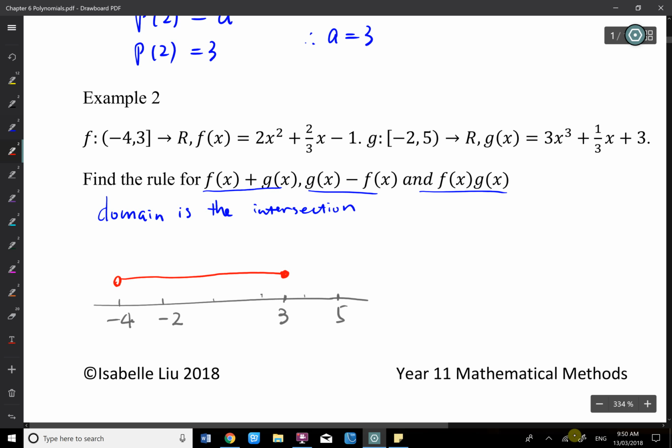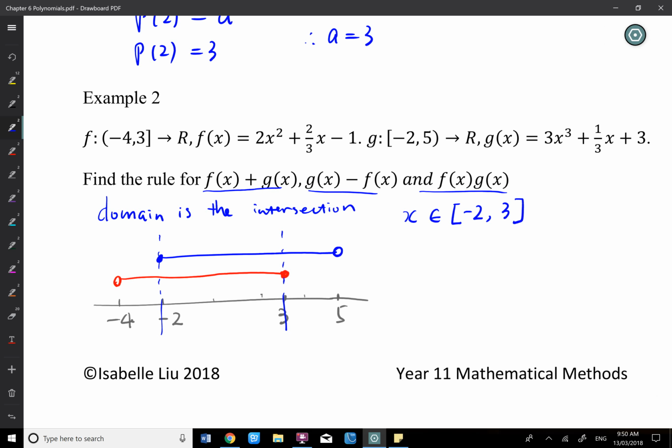For the next one, I have -2 to 5 exclusive. So the part where I have graph is from here to here. I have the domain for both graphs. So x needs to be between -2 and 3 inclusive, because I have graph at -2 for both graphs, and I have graph at 3 for both graphs.